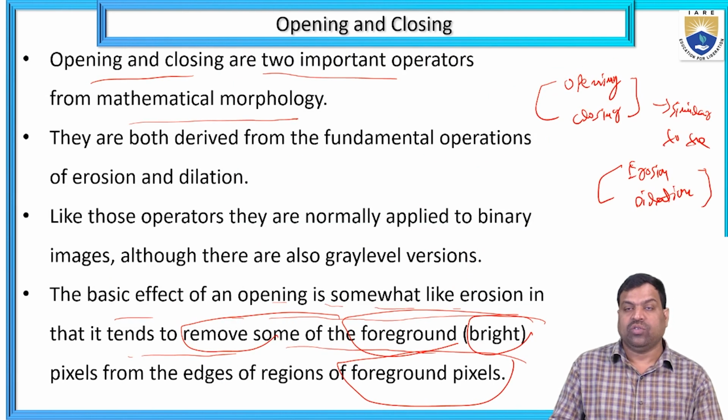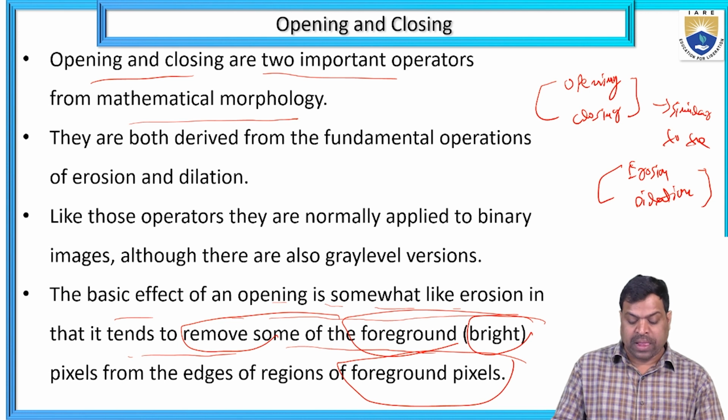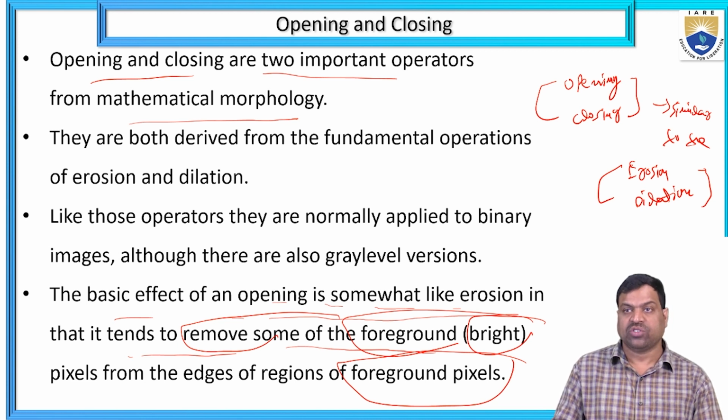So opening and closing are two important operators from mathematical morphology. They are both derived from the fundamental operations of erosion and dilation. These operators are normally applied to binary images, although there are also gray level operations.